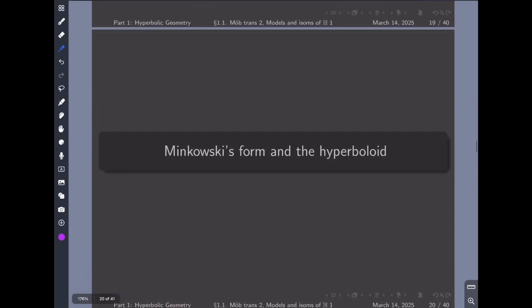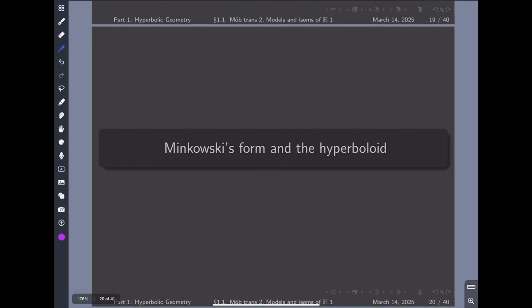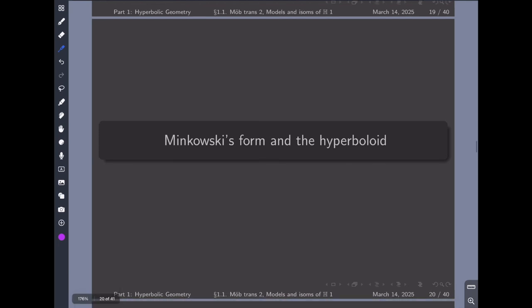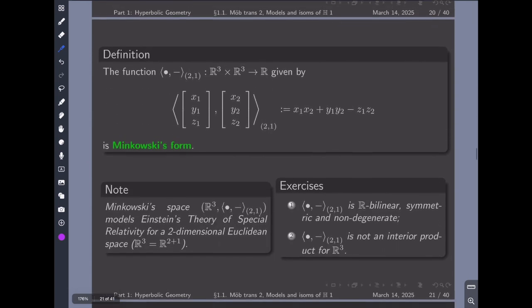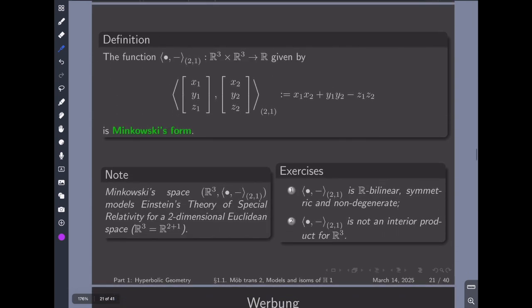Now I have 1 minute. I'm not going to try to keep pushing, but the Minkowski hyperboloid is one model of the hyperbolic plane that, since my time is running out, I'm not going to talk about.